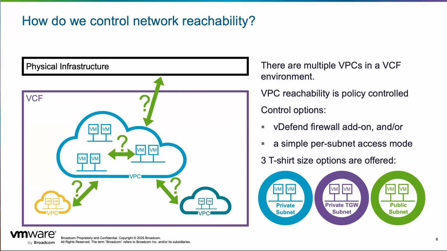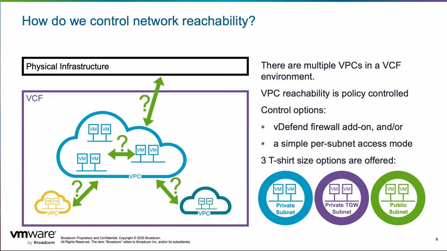And the main option that has been developed by VMware is the vDefend firewall, which is a complete security solution with layer 7 firewall, etc. This is really a tool that is targeted at a security admin.